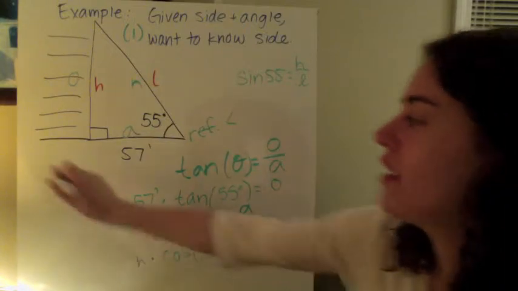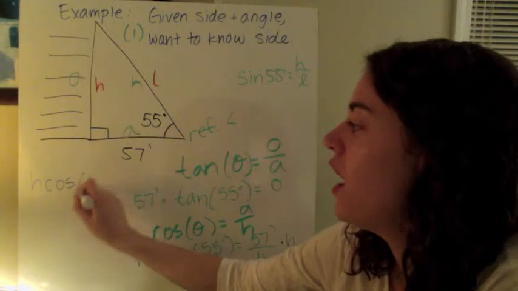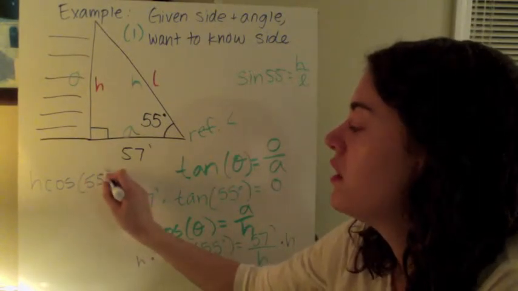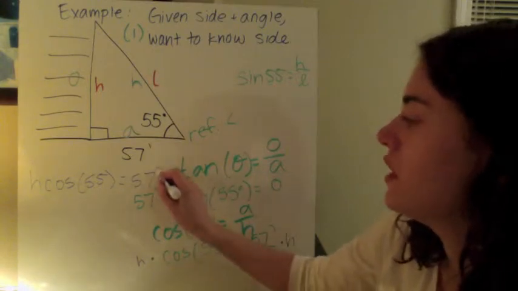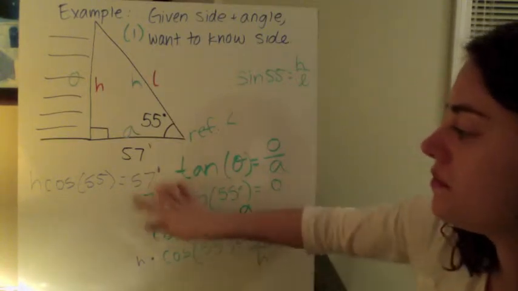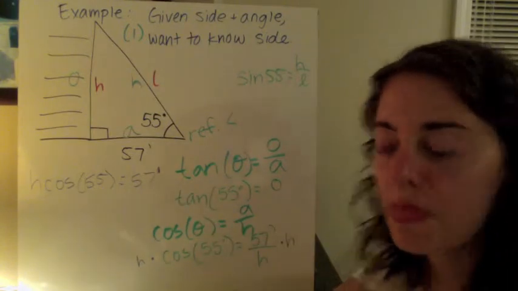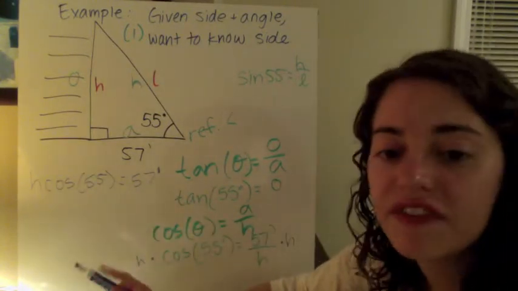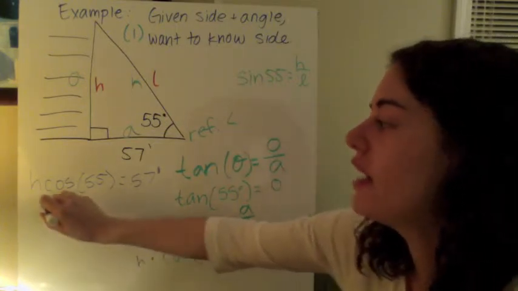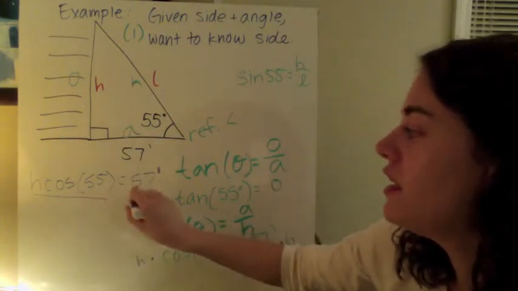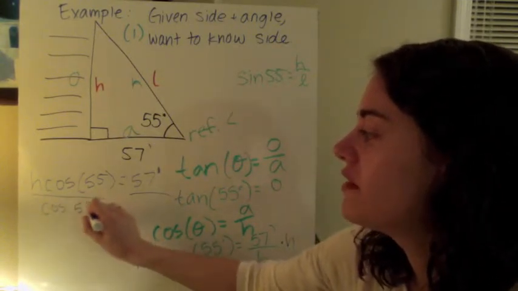Now I'm going to end up with H cosine of 55 is equal to 57 feet. The problem is H is still not by itself. H and cosine of 55 are being multiplied. So if I want to get H by itself, I need to divide each side by the cosine of 55.